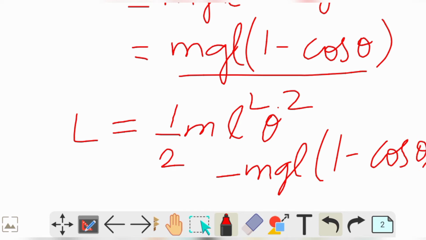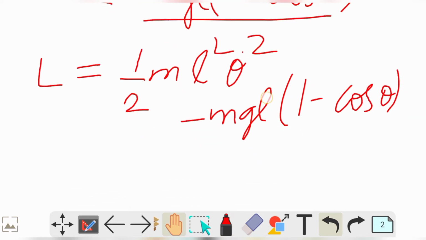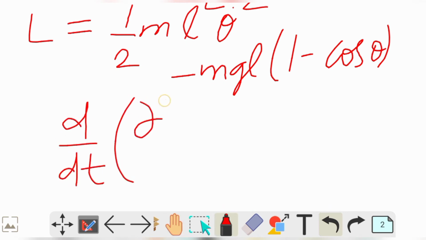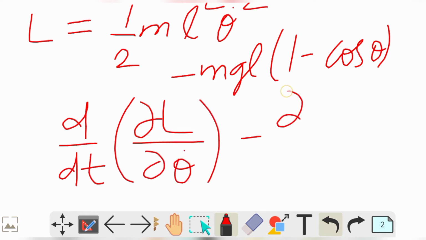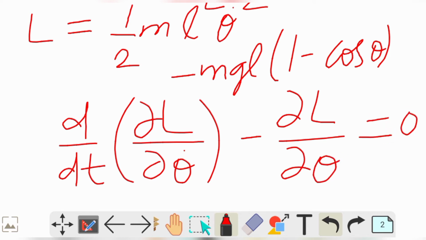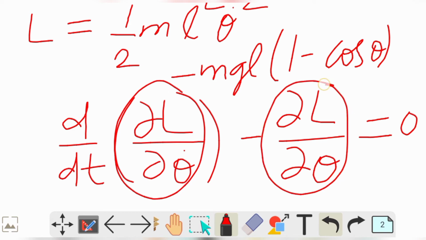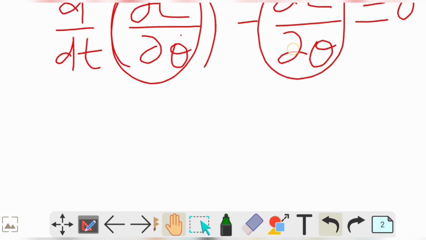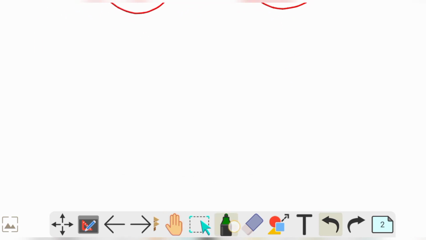Now we know that for the Lagrangian equation we have d by dt of (curly L by curly theta dot) minus curly L by curly theta, equal to 0. First we are going to find this and then this.